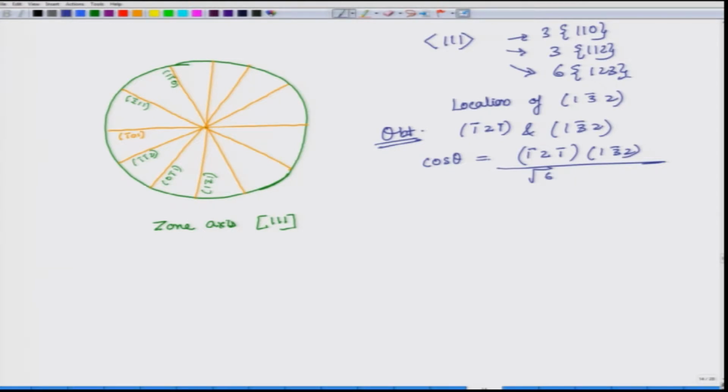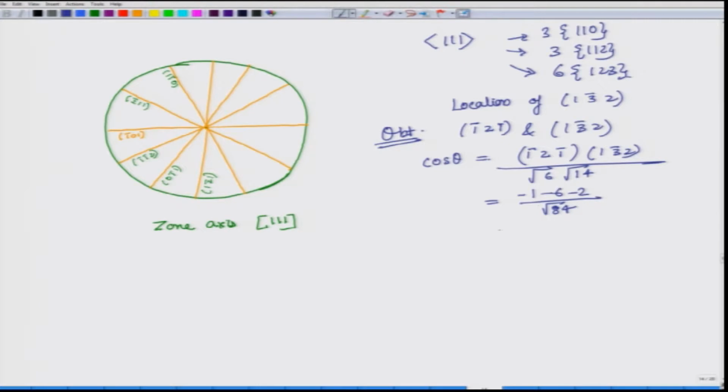The other is 3 square plus 2 square plus 1 square, which is 14. Now you take the dot product between these two: minus 1 into 1, minus 6, and minus 2, divided by root 84.